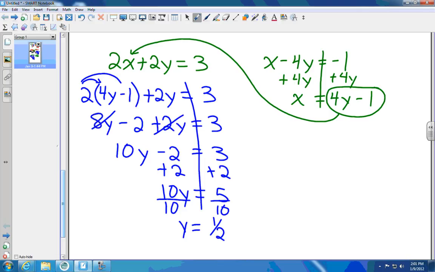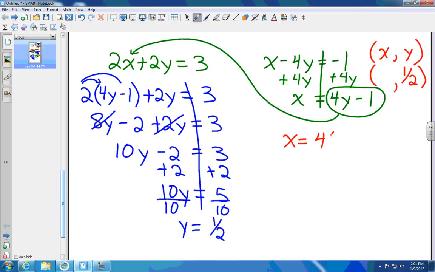This problem is a little more difficult. Again, we're looking for that ordered pair, x, y, and we know that our y is 1/2. Probably going to need some calculators for some of these problems anyway. So then we take that, the 1/2, and we put it back in there.